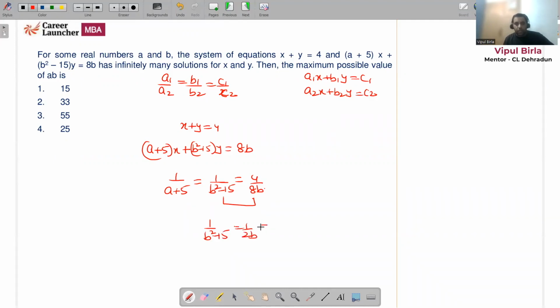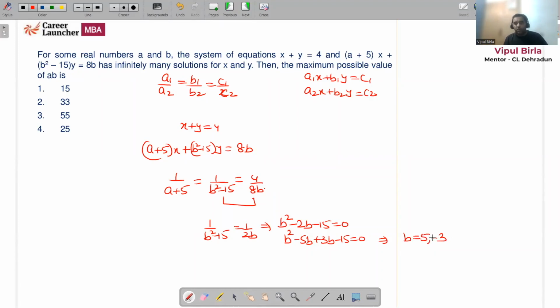Cross multiply, it implies that b square minus 2b minus 15 equals 0, which gives me (b minus 3) into (b minus 5) by splitting the middle term. Let me do it: b square minus 5b plus 3b minus 15 equals 0, which implies b equals either 5 or minus 3. So two possibilities are there for b.